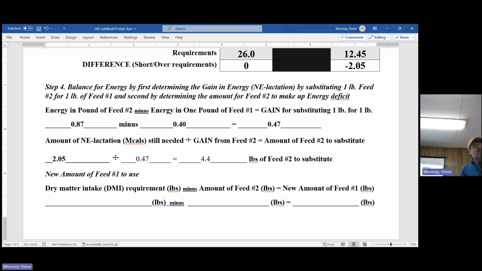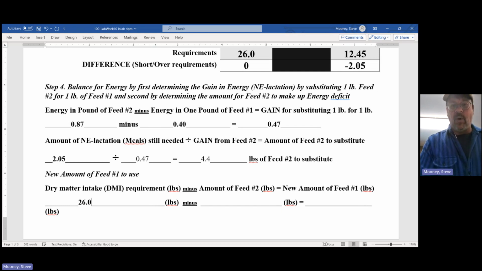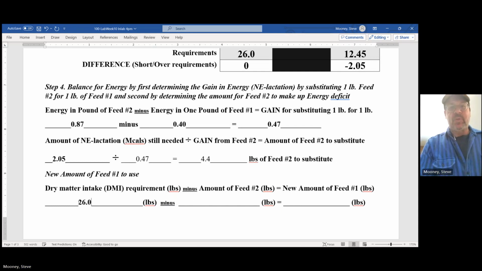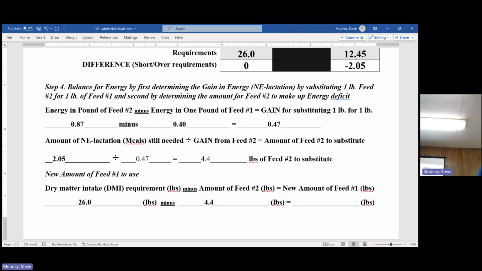So I've got to figure out what my next ration looks like. I start with my dry matter intake requirement, 26.0 pounds. My amount of feed 2 that I'm substituting in, pulling out 4.4 pounds grass silage dry matter, putting 4.4 pounds of cracked corn back into the pile.